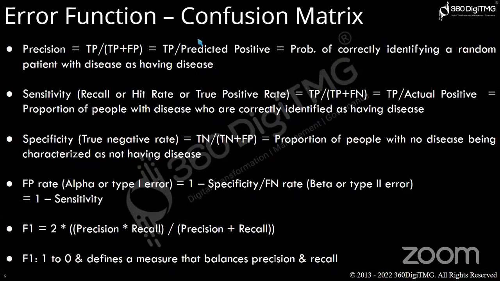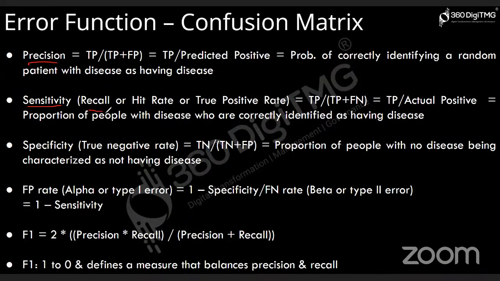There are various other measures like precision, sensitivity, which is also known as recall, specificity, FP rate, and F1 ratio. All these terms are used to measure or evaluate a classification.